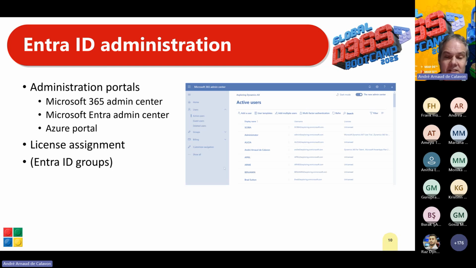If an administrator created a user in the application, then you also need to assign a license to that user, and that license could be a Dynamics 365 finance license or supply chain management or maybe a team member.